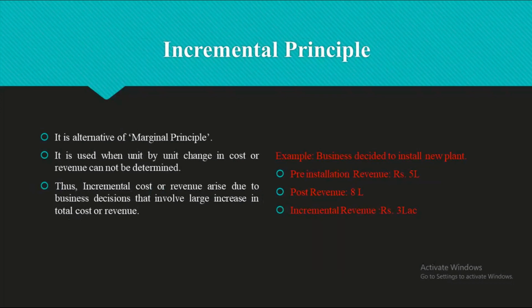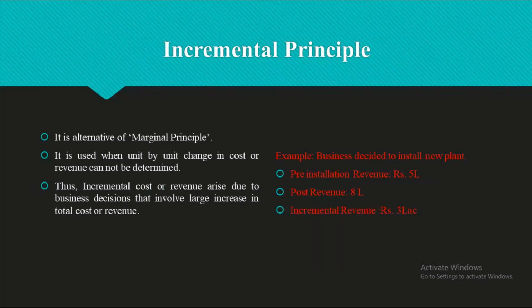So there will be a big, substantial change that you are able to find out. The cost will be substantial, but in the case of smaller items, it is not easy to find out the change in the cost or the revenue because of the production of one more unit or sale of one more unit.